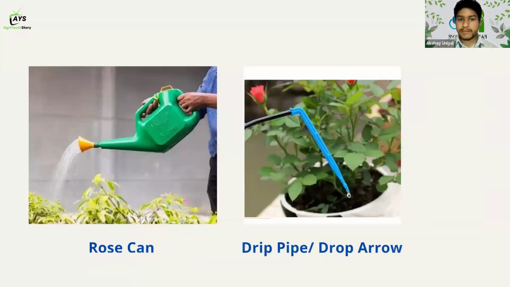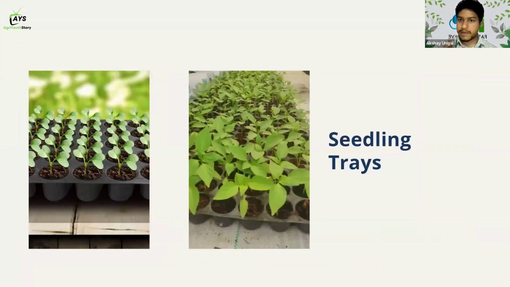Now, there are some plants like cucumber, capsicum and tomatoes. They have a longer life cycle. They will remain in the seedling trays for almost 40-45 days, and after that they will be transplanted. They cannot be grown inside an Oasis cube. It's not very economical, and the Oasis cube will start degrading after some time.